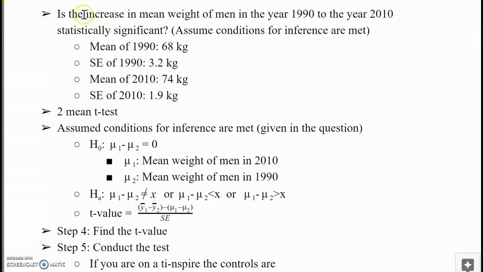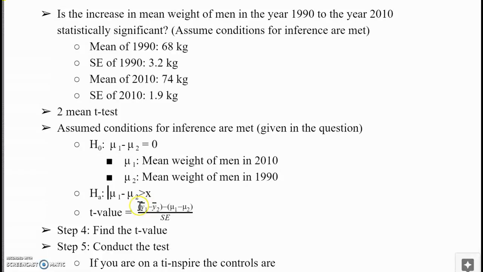Now the question is asking, is there an increase in mean weight of men from the year 1990 to the year 2010? This may seem a bit confusing, but it just asks, is there an increase from 1990 to 2010? So is 2010 greater than 1990? Based on how I made this, which one appeals to you to be the right answer? It's the last one, obviously.